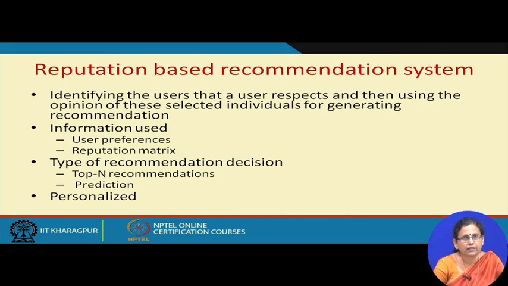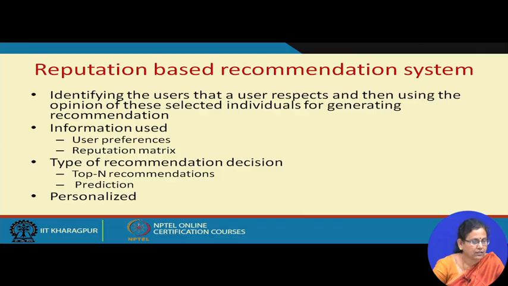Then next one is reputation based recommendation system, which is about identifying the users whom a particular user community respects, and based on their opinion, you generate recommendation. So, which means the expert in the field, whatever he recommends, based on that you will be getting recommendation.